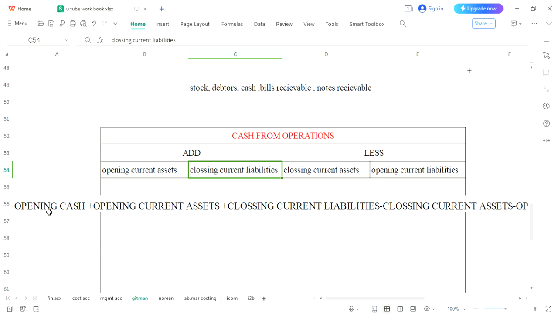You are requested to please note down these signs. Opening current assets are added, closing current liabilities are added, closing current assets are subtracted, and opening current liabilities are subtracted. Please make this diagram by yourself and revise it several times.